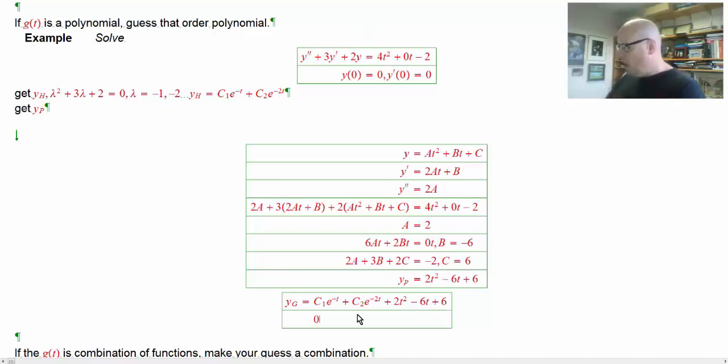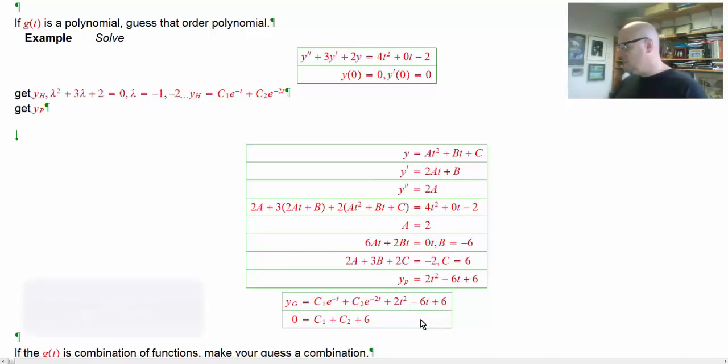The first one is y equals 0 when t is equal to 0. When I sub t equal to 0, e to the 0 is 1, e to the 0 is 1, the 2t squared goes to 0, and the minus 6t goes to 0. So this is the equation that I get.